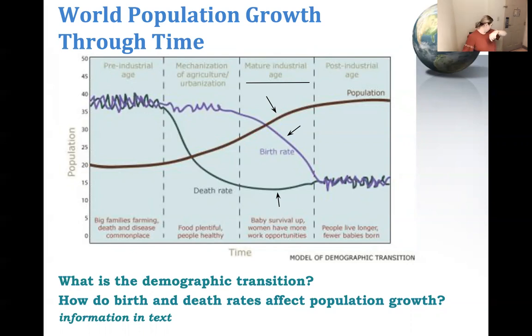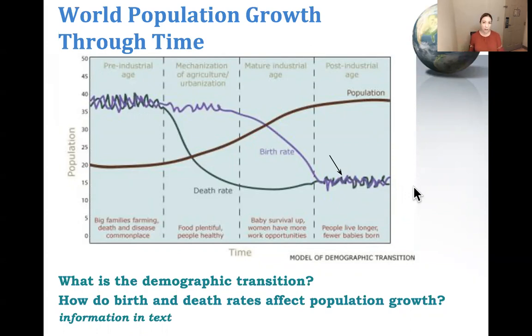Now, this final stage, which is where we find the US and most developed countries, is called the post-industrial age. People live longer as fewer babies are born. So if you look here, the birth and death rates have pretty much leveled off, and they're low, right?